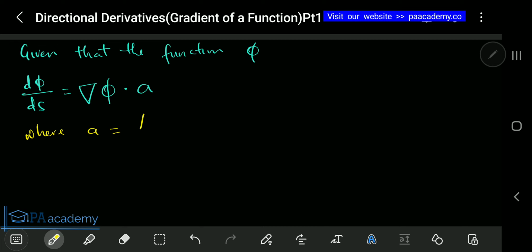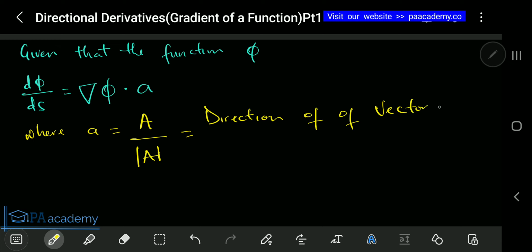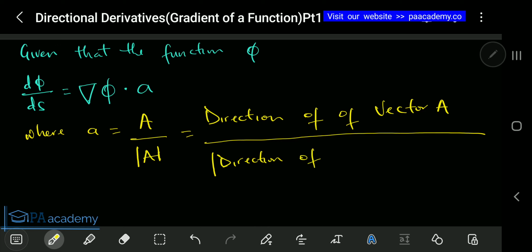Where a is equal to capital A over the magnitude of A. Here a itself is the direction of vector A. This direction of vector A will be given in the question, over the magnitude of vector A. So this is the formula to calculate the directional derivative.